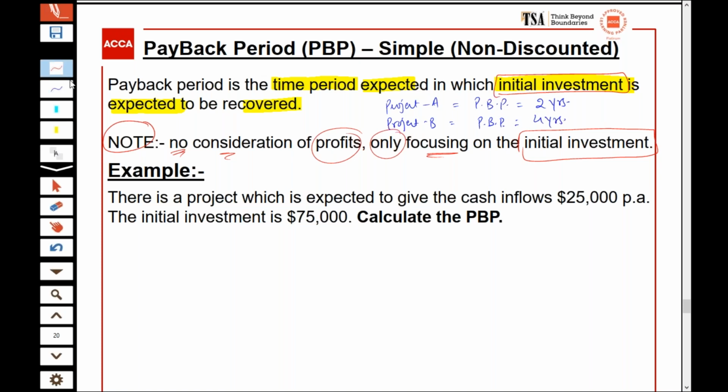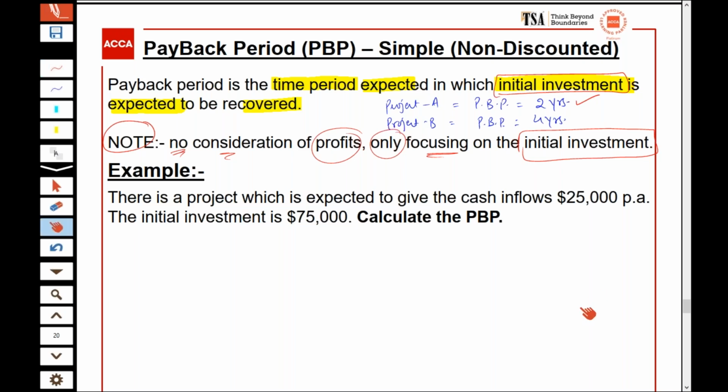Which project will you accept, project A or project B? Obviously, I will prefer the project with the low payback period, because everybody wants the initial investment to be recovered as soon as possible.